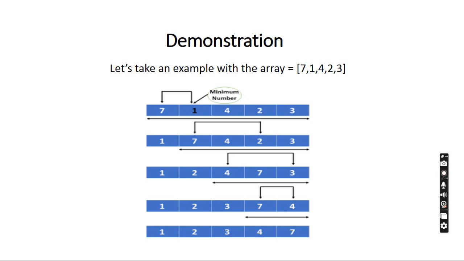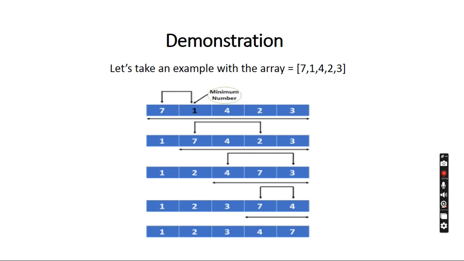Since there are just 5 elements, to keep it an easy example, in the first step we stored 7 in the variable min, since 7 is at index 0, and we found the minimum number in the rest of the array, that is among 1, 4, 2 and 3. Among these numbers, 1 is the minimum, so we'll swap this 1 with the 7 that was at index 0.